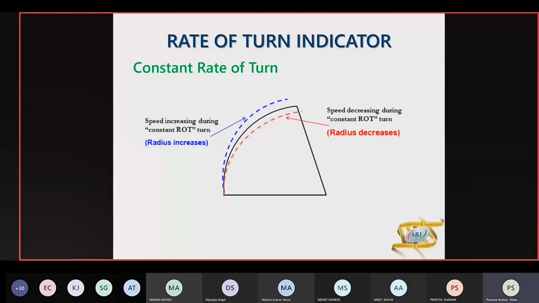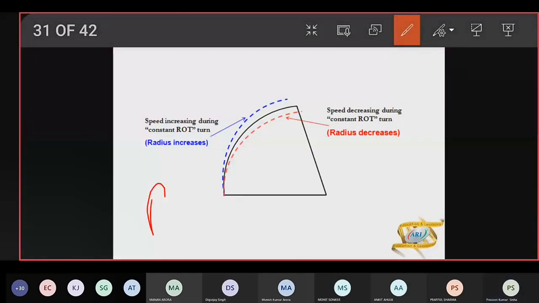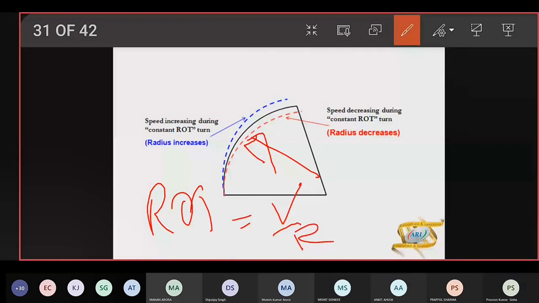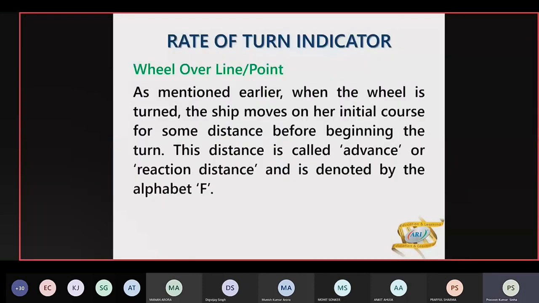If we keep the constant ROT, if ROT is fixed, dropping speed, this is the condition that will happen. The red condition will happen. Speed is dropping, again ROT is equal to V by R. So R is equal to V by ROT. We will keep the ROT the same, so if speed reduces, R will also reduce. Next.